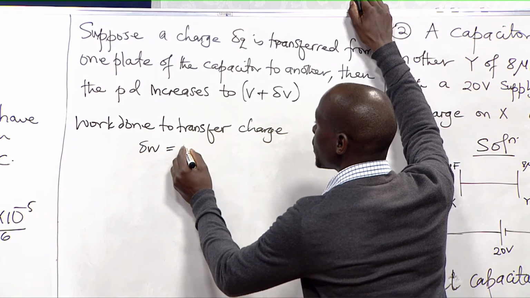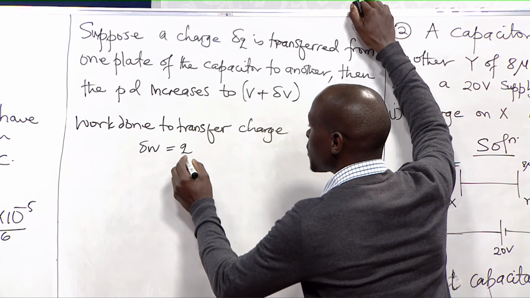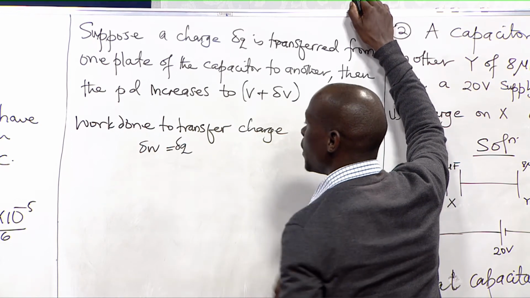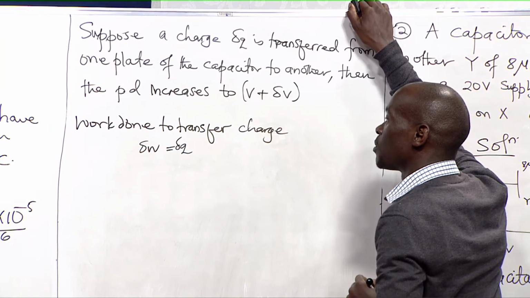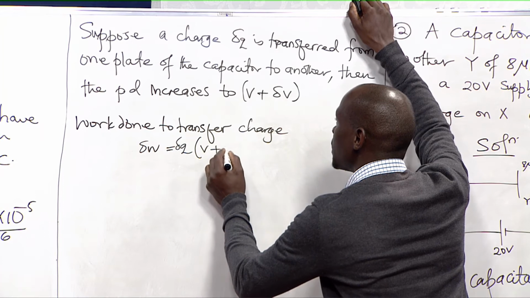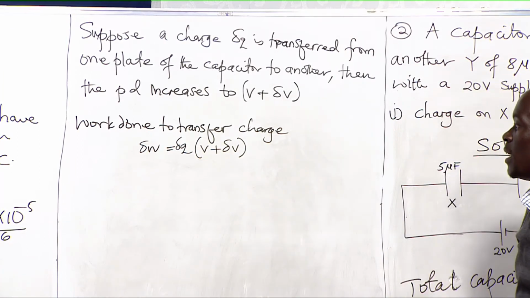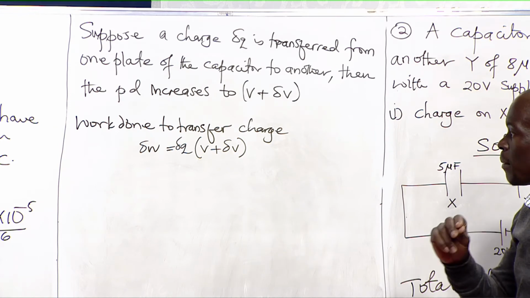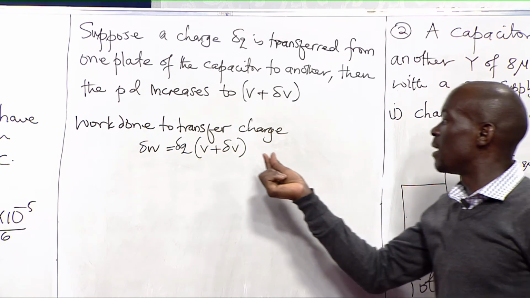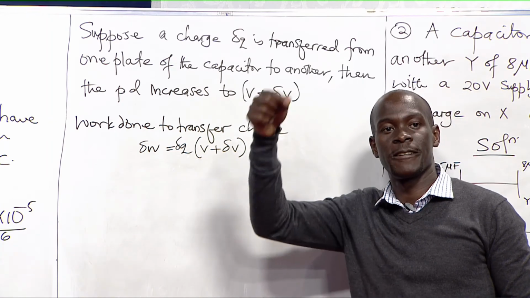It is our dq, which we are transferring, times V plus dV, am I right, class? But now, remember what we said, that this is a small charge which we are transferring.